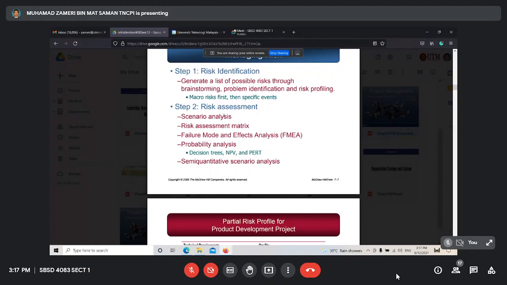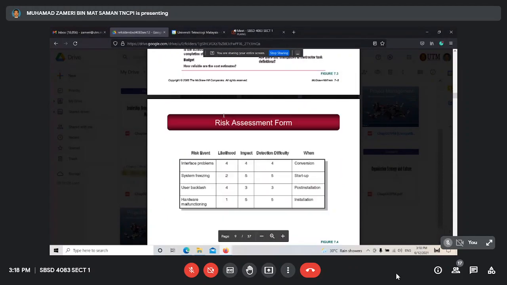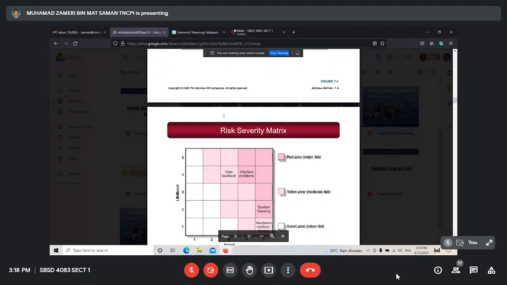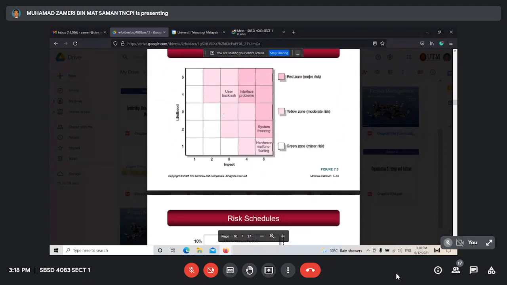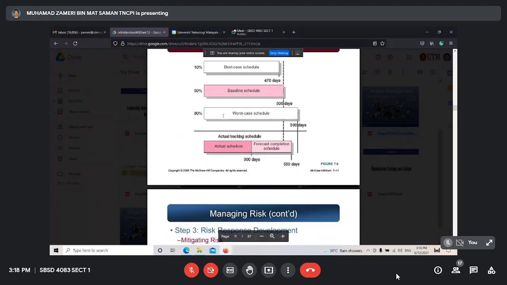What you need to know is that failure mode and effect analysis is one of the techniques for risk assessment. Okay. I think this is the method. You no need to understand because you only need to know the method. This is not in your syllabus.